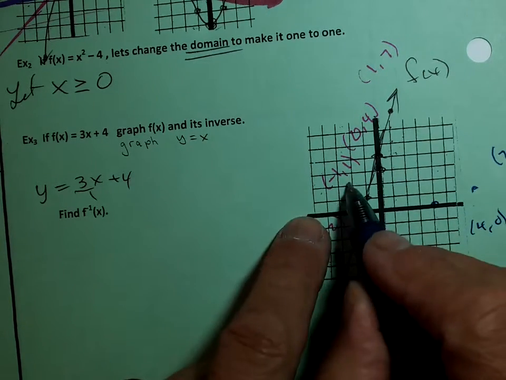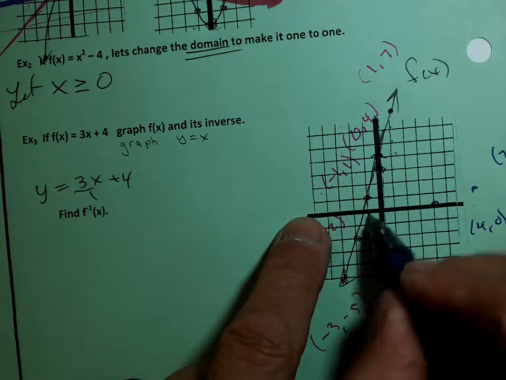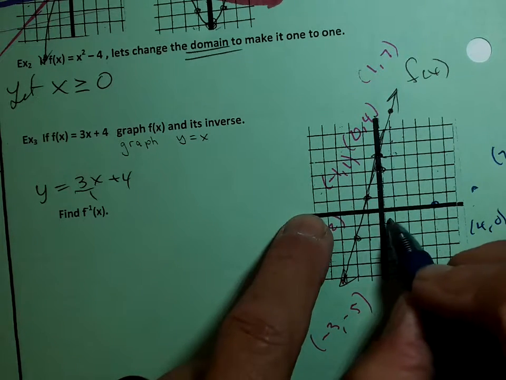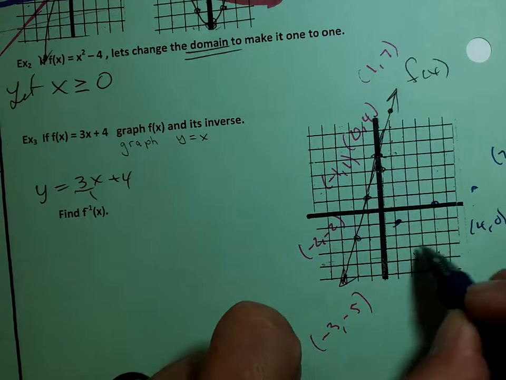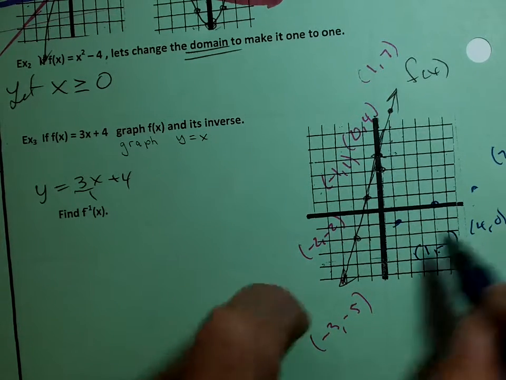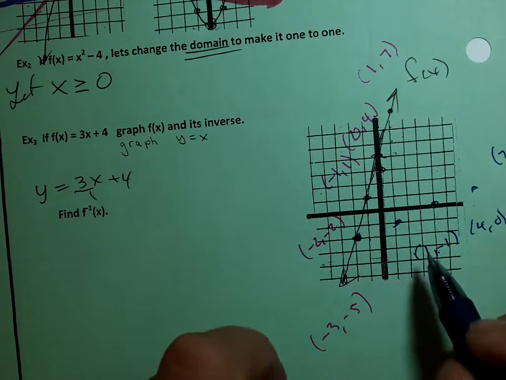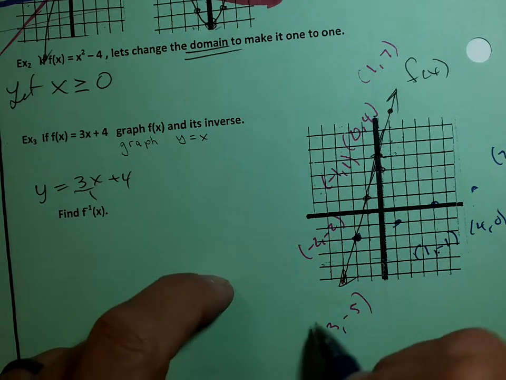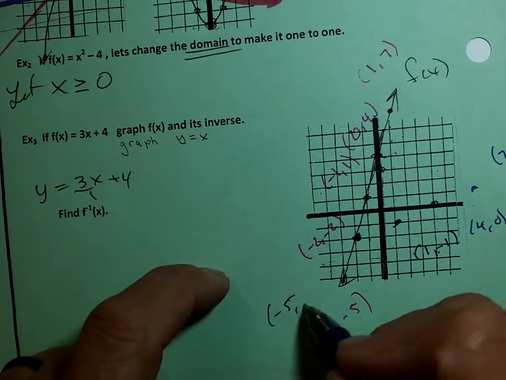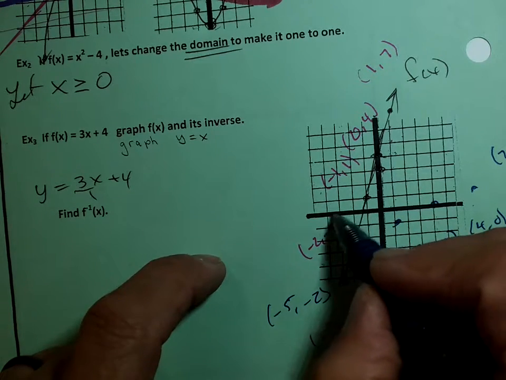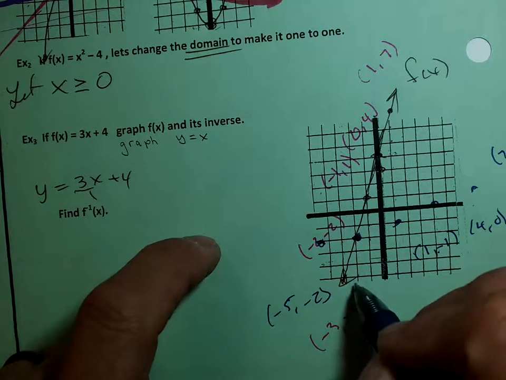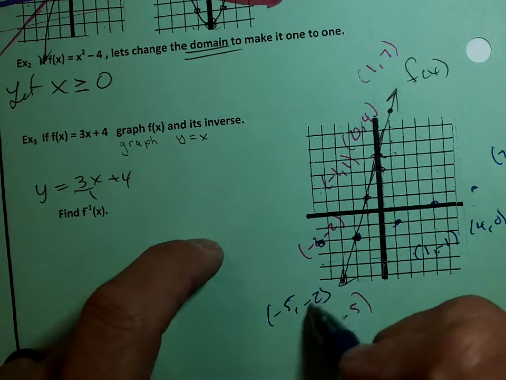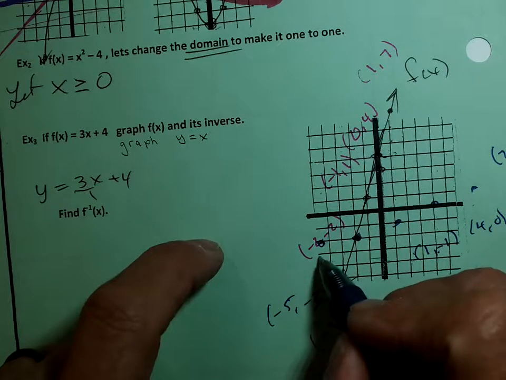My inverse is going to be at -1, -1, sorry. My inverse is the same spot, right? My inverse is going to be at -5, -3, sorry.